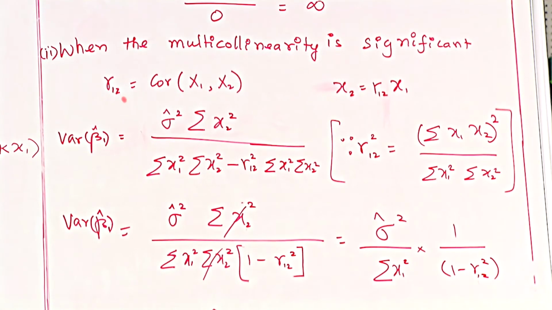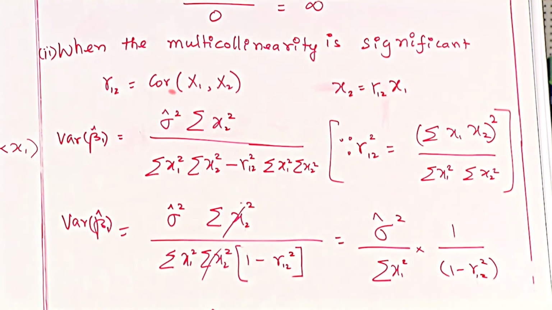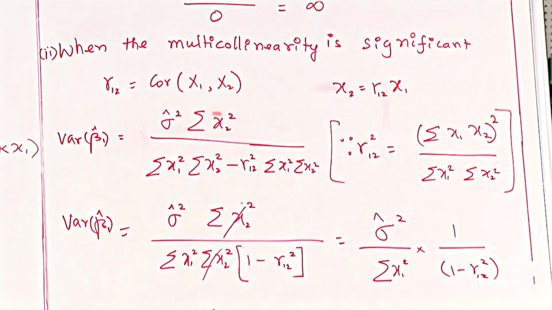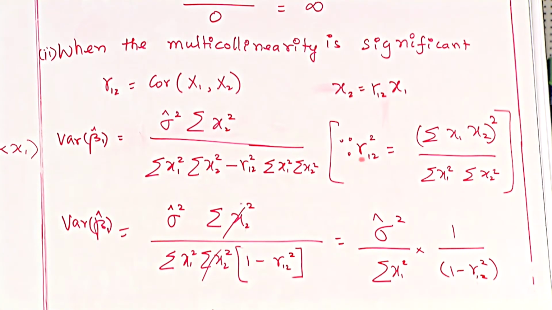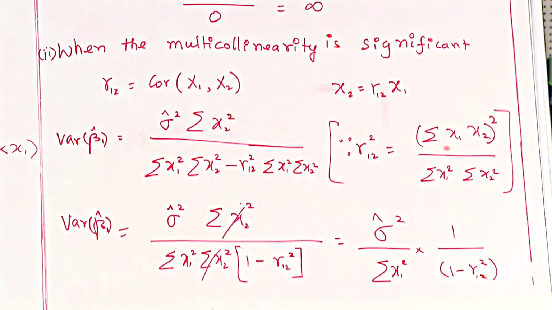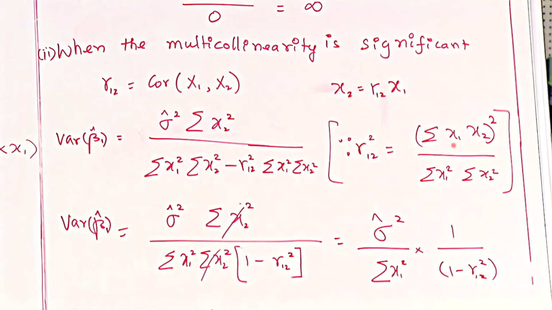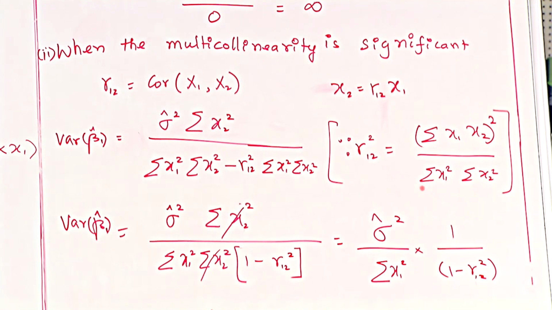Let us define the correlation between x1 and x2 as R12. We already know the formula for the correlation coefficient: R12 square is equal to (sigma x1 x2) the whole square divided by sigma x1 square times sigma x2 square.